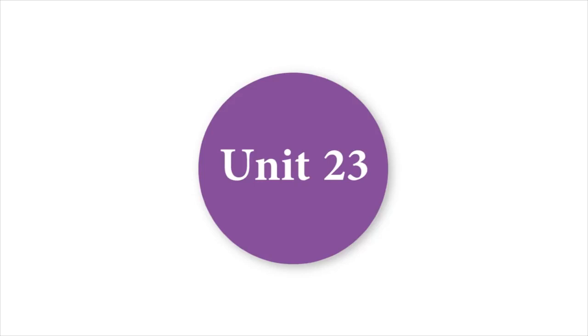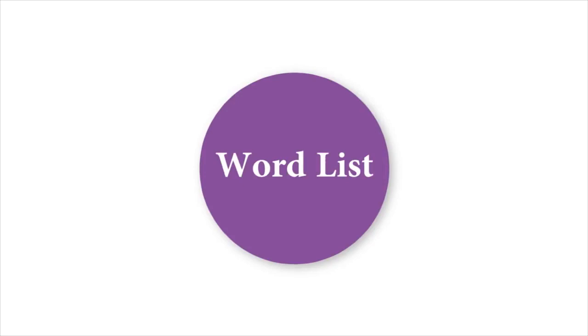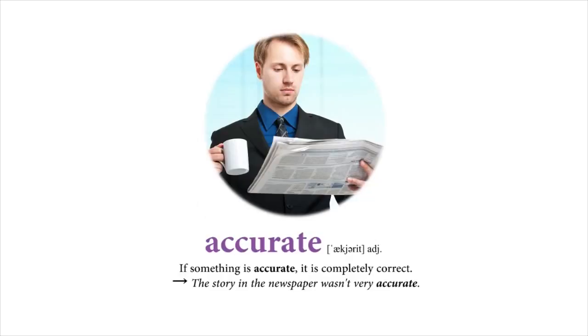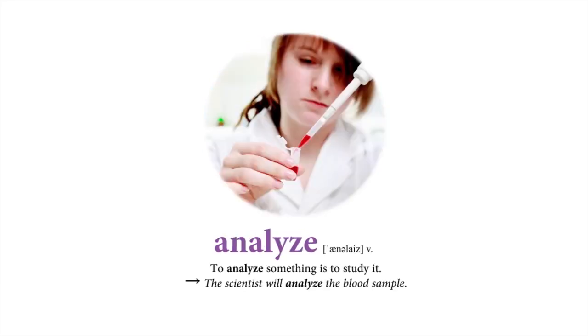Unit 23. Word list. Accurate. If something is accurate, it is completely correct. The story in the newspaper wasn't very accurate. Analyze. To analyze something is to study it. The scientist will analyze the blood sample.